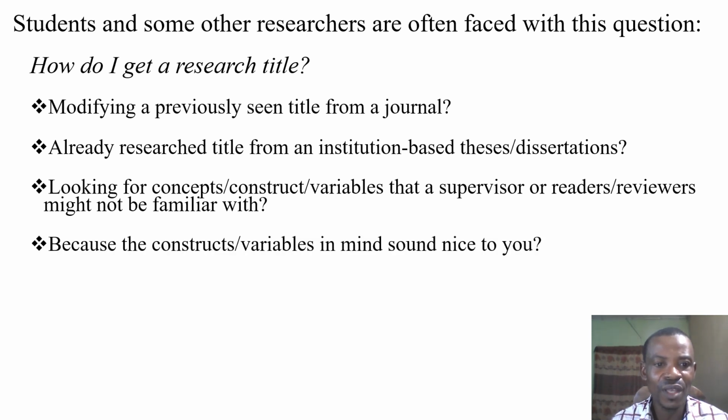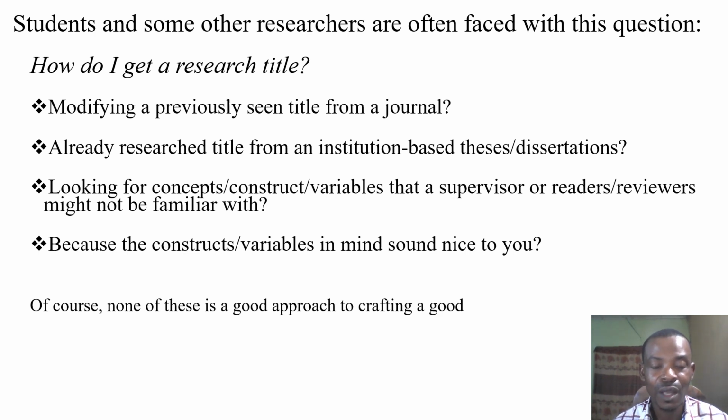Or is it because the constructs you intend to study sound nice to you, even when you know not much about that construct? Sincerely, none of these is a good approach to crafting a good research title.